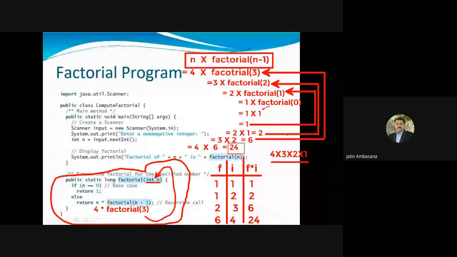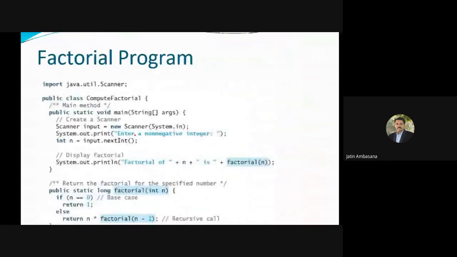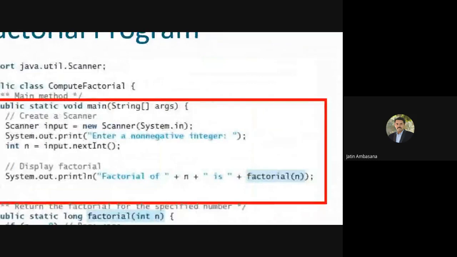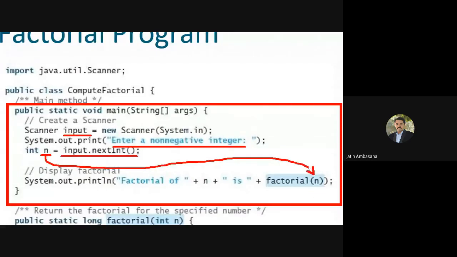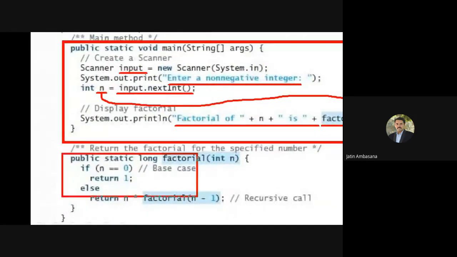Okay. So check this out. Here in this main method, first we are getting the input object, the scanner object. Then we say enter a non-negative integer and we read a value, and that n is passed directly to this factorial method, which calculates the factorial and returns it. So we say factorial of n is this particular value. And here, what do we do?